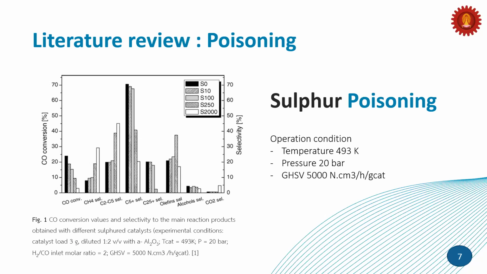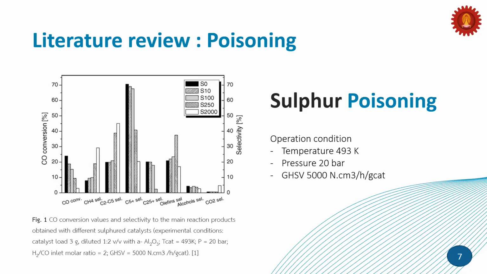The cobalt loading was 15 weight by weight, and then catalyst samples were loaded with 10, 100, 250, and 2000 ppm of sulfur. Figure 1 shows poisoning of the catalyst sample with sulfur led to a significant decrease of the catalytic performance. At the lowest sulfur level of 10 ppm, carbon monoxide conversion dropped to 18%.